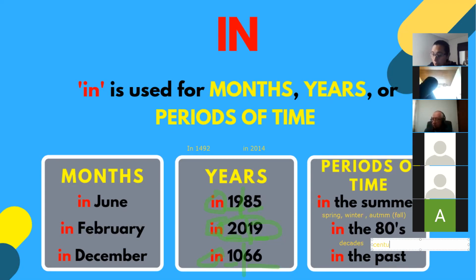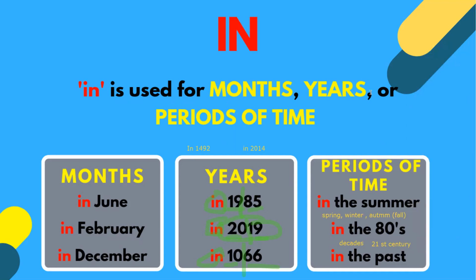Yes, because there is another period of time, no? For example, you say in the 21st century. Remember what is century? Siglo. Exactly. So that is a general period of time. So you say in the 21st century, in the 20th century, in the 8th century, for example, right? So you always use in with this period of time.